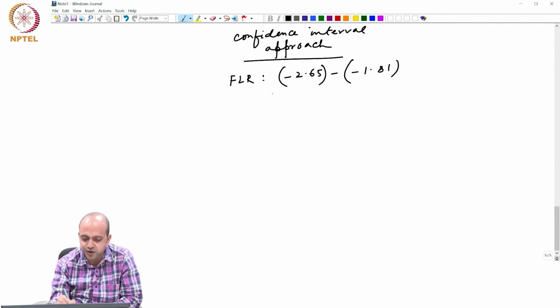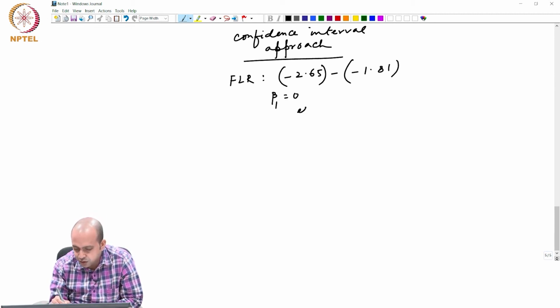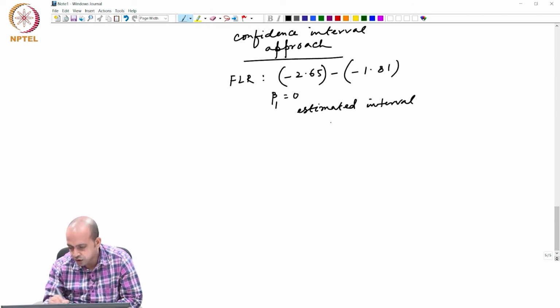What was the hypothesized value? Beta 1 we have hypothesized is 0. So, this interval does not capture 0. So, the estimated interval does not capture 0.